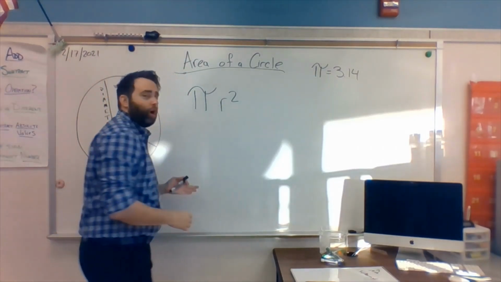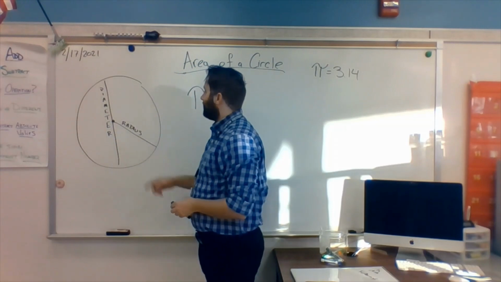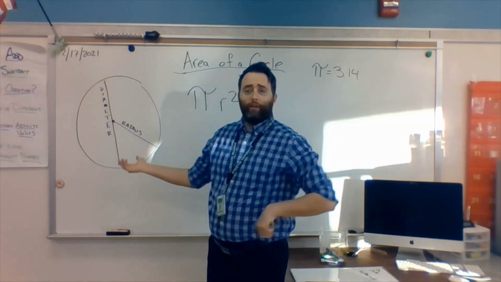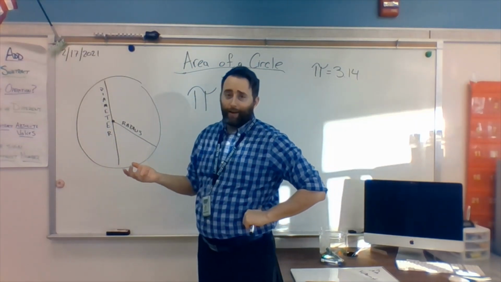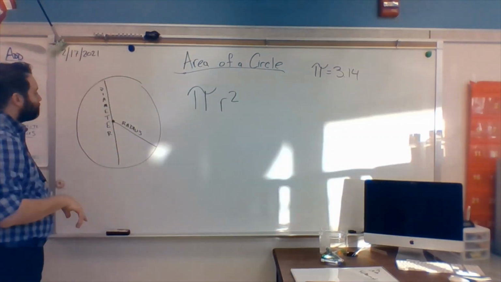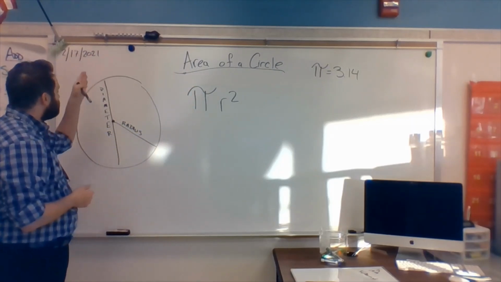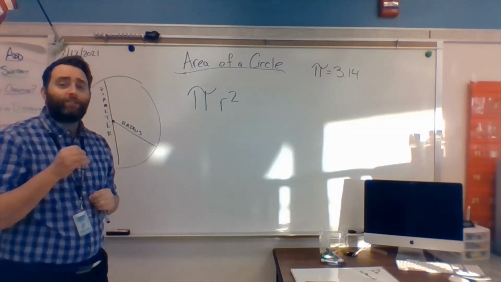R squared. What is R? Let's travel over here. I have my circle. You'll notice I have a broken peace sign. That's not what it is. My circle is obviously what we're working on. But there are two vocab words you need to know.